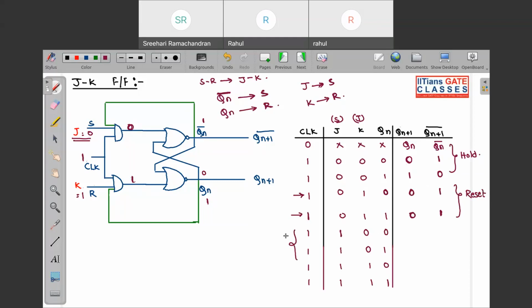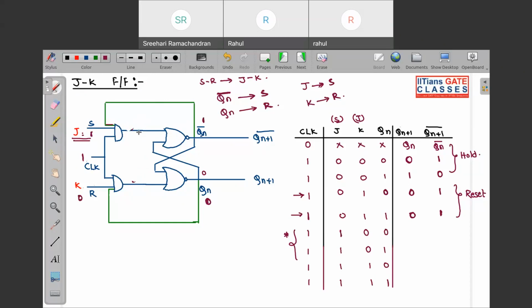Now look at these two cases. First let us consider this. J1 and K0 in this case, and your present state is 0. So if this is 0, this should be 1. Now let us see what we get.